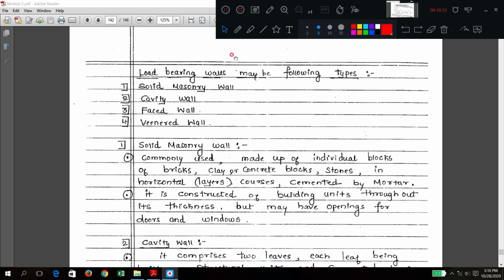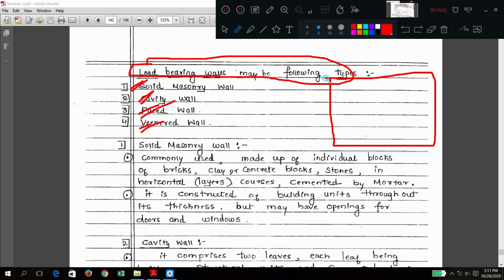Now, in load bearing walls, you have solid wall, cavity wall, faced wall, veneer wall. In load bearing walls you have so many categories: load bearing solid, load bearing cavity, faced, veneer. Solid means what? If this is a wall and you draw the cross section like this, the total will be full.